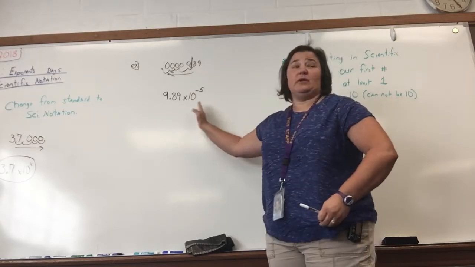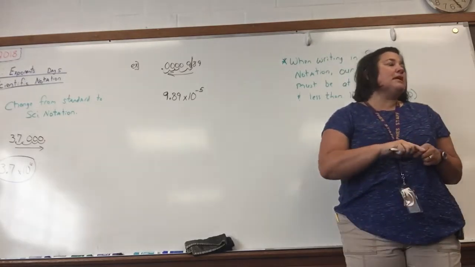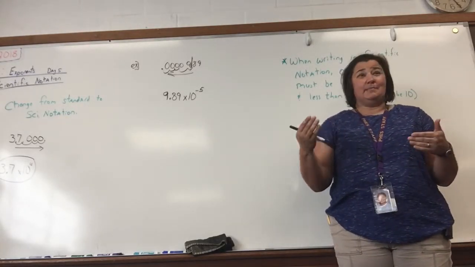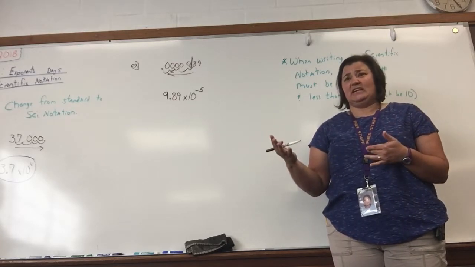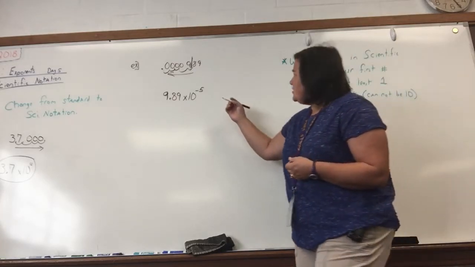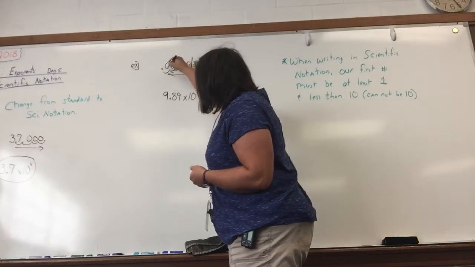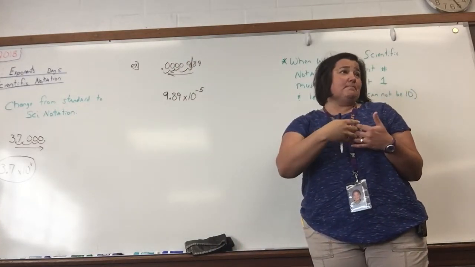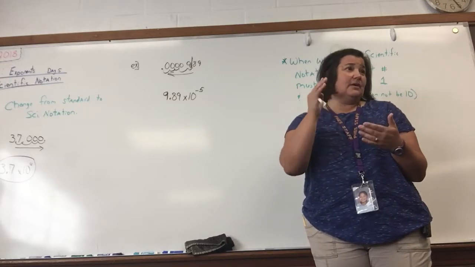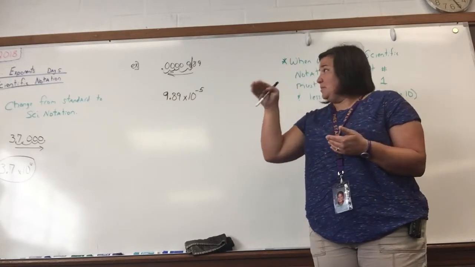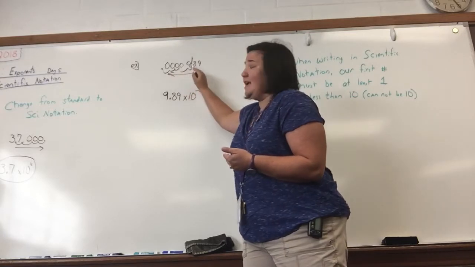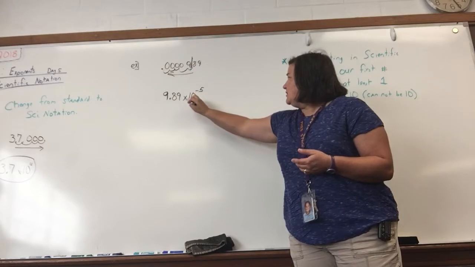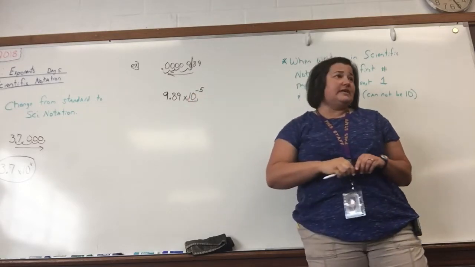Each place that we move is basically a multiple of 10. So each one of these places is what we call a base 10. The base of that location in a number is multiplied by 10 each time. So this base in scientific notation is always going to be 10.